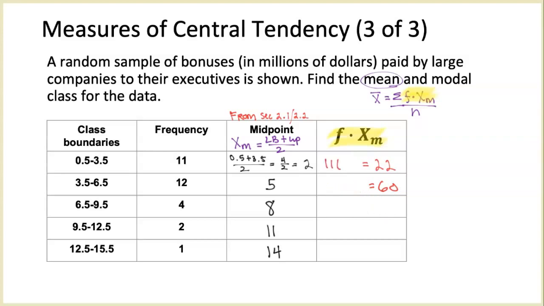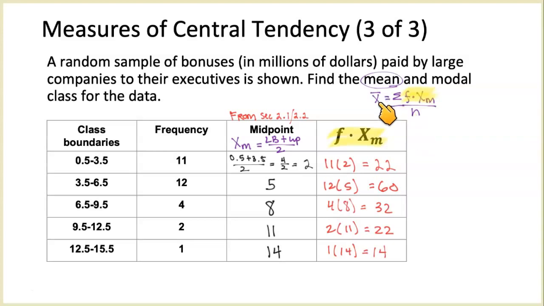And I'm just rewriting it so that the values line up. 11 is the frequency, x sub m is the midpoint, so 11 times 2 is 22. Then we complete that process for the rest of the table, and we get values that represent the sum of the bonuses for each class boundary.